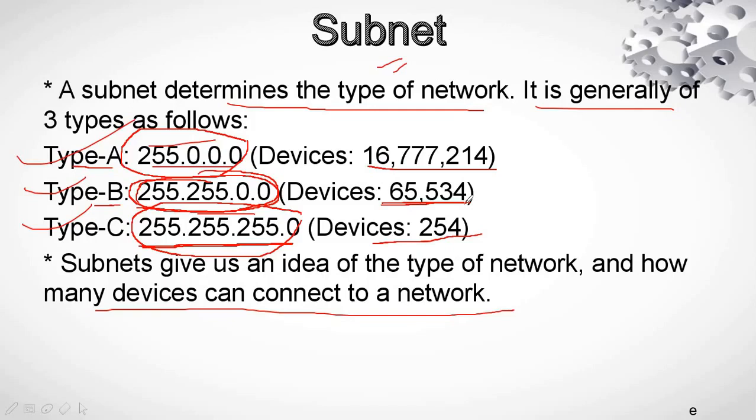You just need to have the IP address of that certain device. So maybe over there in such big headquarters, this kind of type A subnet or type A network is being used.